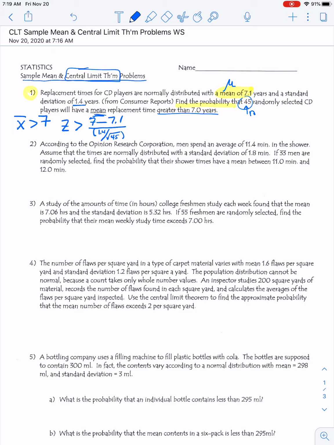I would parenthesize that. I usually do the top, press enter, and then divide by and put the parentheses on the bottom. So for this z, I came up with greater than negative 0.48.